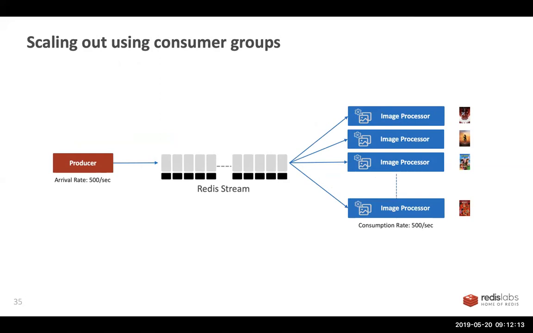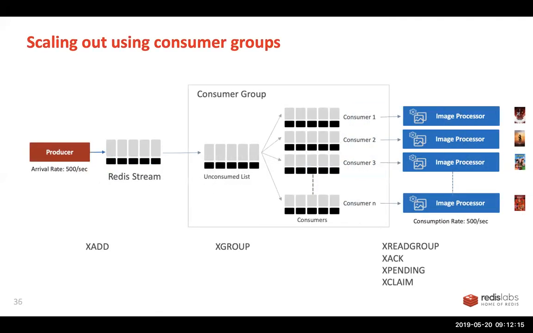If you want to work with a consumer group, then you're going to do the same thing, except you can use xgroup to specify the group name or create a group. And then you're going to read from the group. Because the idea of consumer groups is that you can have multiple clients coordinating together, you want to make sure that you acknowledge that you've received that record and have processed it.